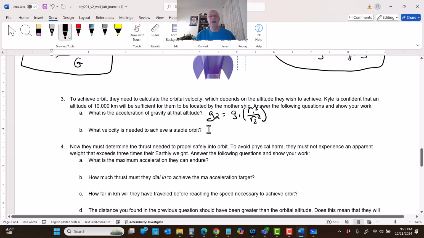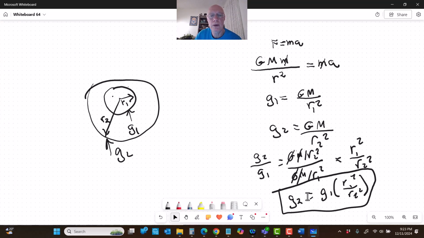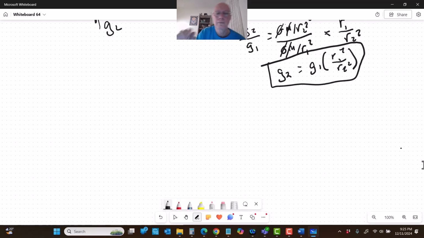Now, what's the velocity to find a standard orbit? Okay, let's go back to the whiteboard. All right, so we want to find out the speed necessary to orbit the planet at an altitude equal to the radius plus 10,000 kilometers, right? Convert it into meters, though.